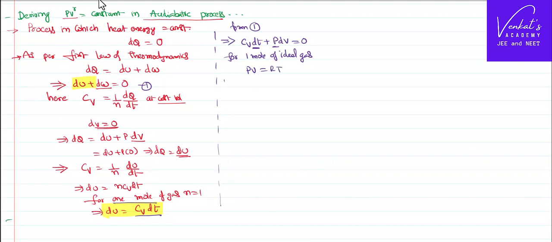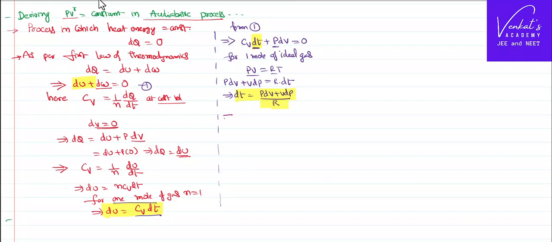Now differentiating this using the UV formula, PdV plus VdP equals R into dT. This implies I can write dT as PdV plus VdP by R. Thus, in the place of dT, I can substitute this value so that I will get a new format.